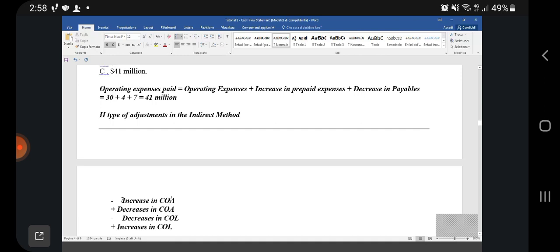Every time we increase an operating asset, we have a minus in the indirect method, but this is the direct method that we are trying to do over here. That's why the signs do not correspond for the assets. Whereas for the liabilities, of course, we have to add the decreases in current liabilities because this is the direct method. Okay.